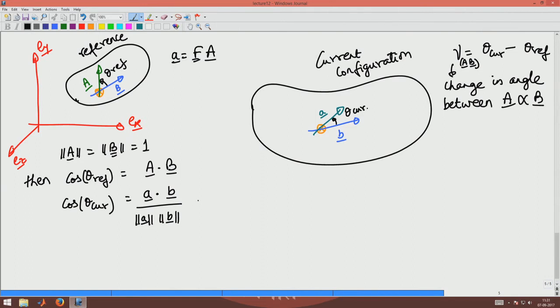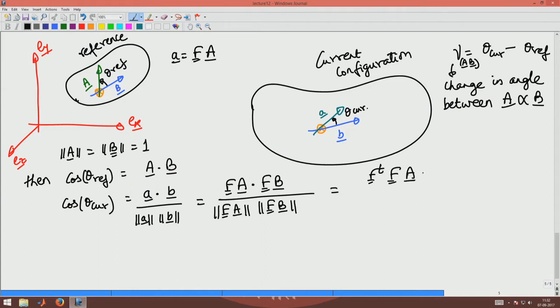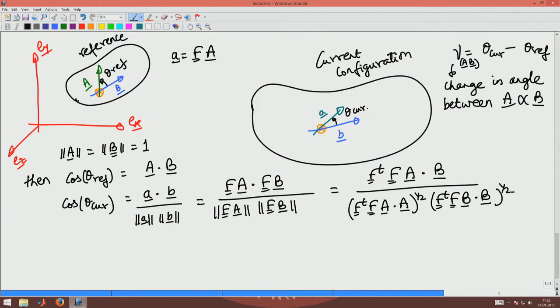Okay. So, this will be nothing but F times A dotted with F times B divided by norm of F A times norm of F B. This I can write as F transpose F A dotted with B divided by square root of F transpose F A dotted with A, times square root of F transpose F B dotted with B. Okay.